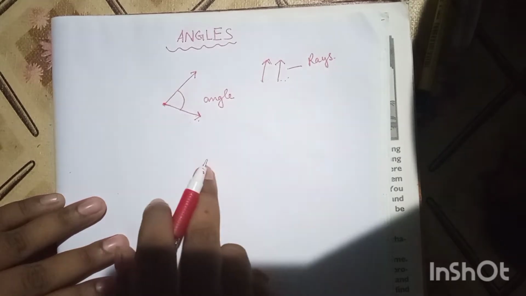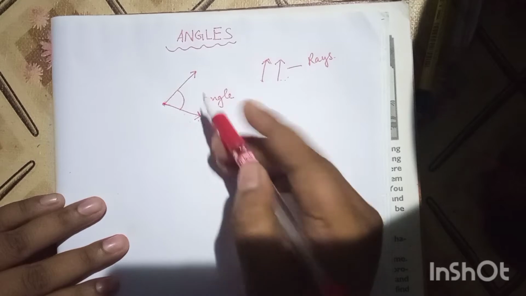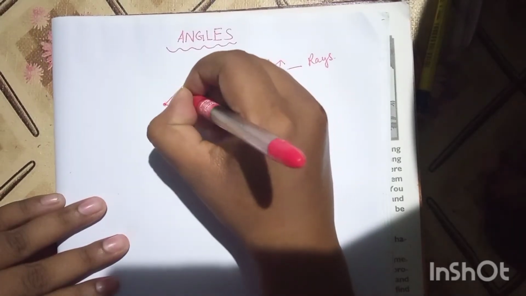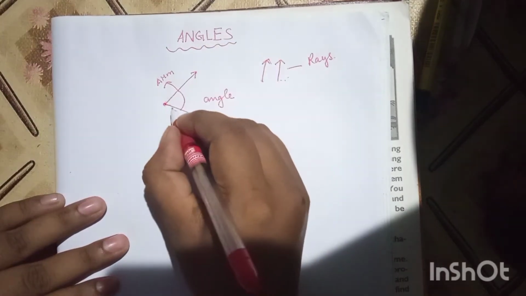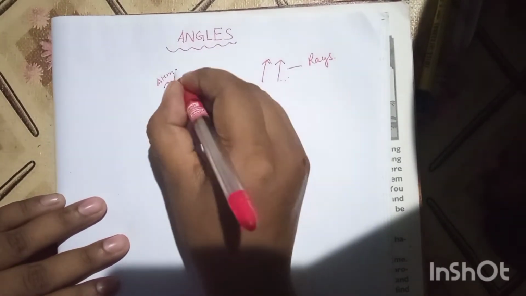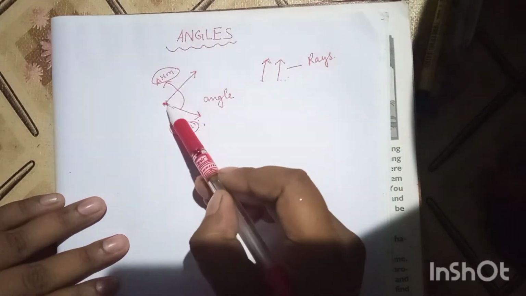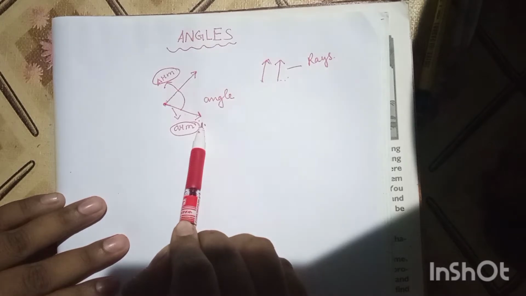The two rays are called arms. So this is one arm of an angle and this is another arm of an angle.